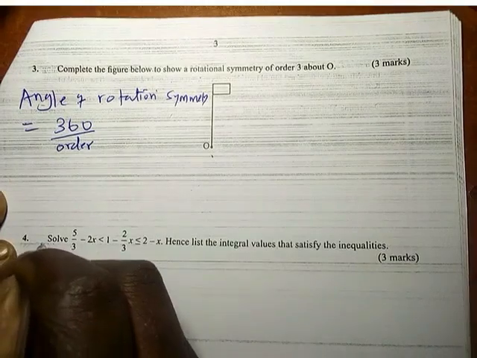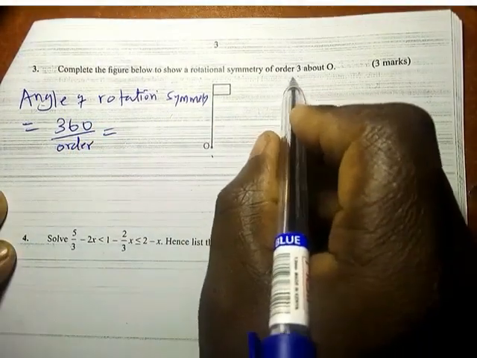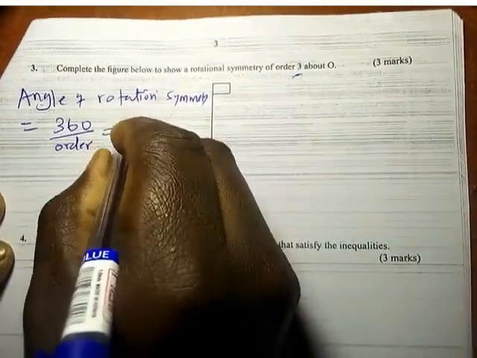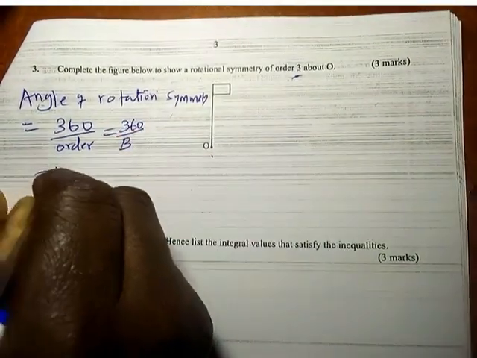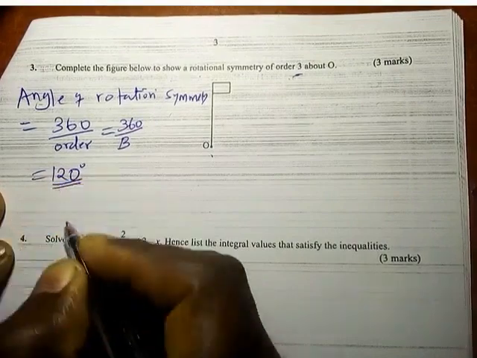Our order is 3, so that is 360 divided by 3, and our angle of rotation is going to be 120.